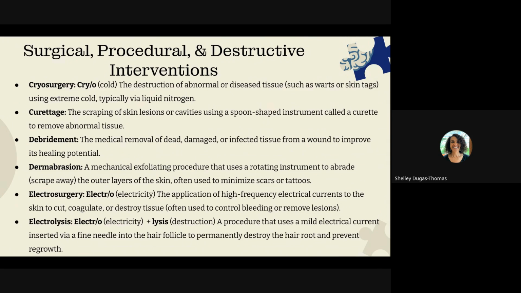You'll see this used a lot with wound therapy. Dermabrasion is a mechanical scraping or abrading procedure used to smooth out surface imperfections, scars, or tattoos. And electrosurgery or electrolysis uses high frequency currents to cut tissue or control bleeding.